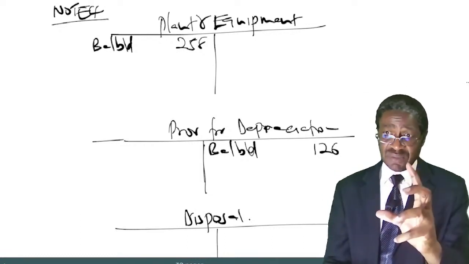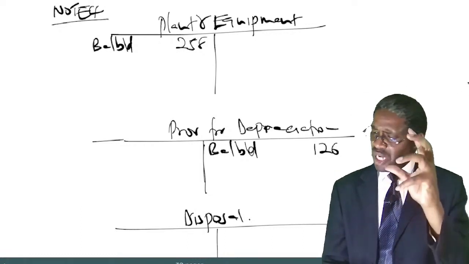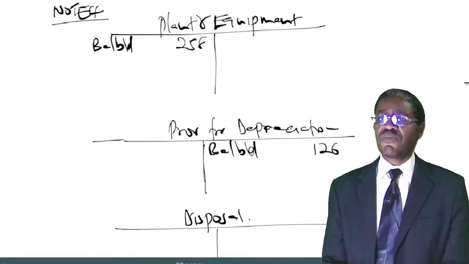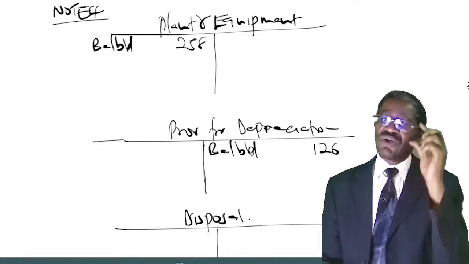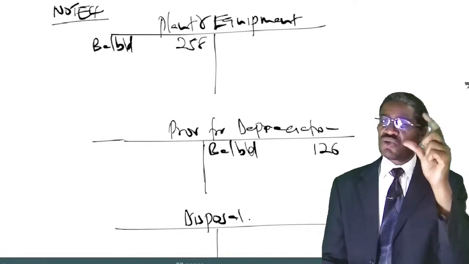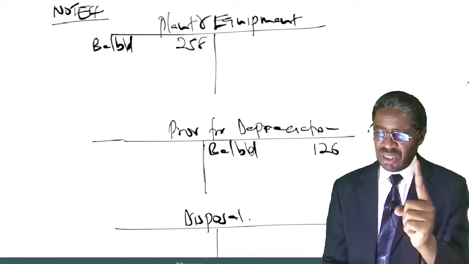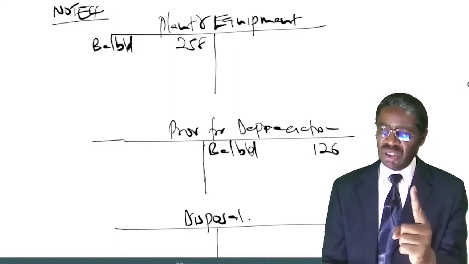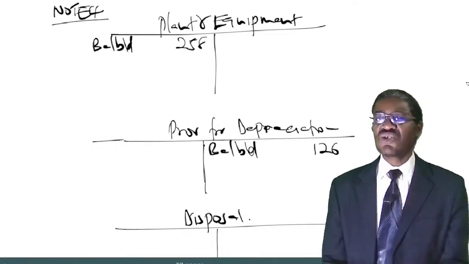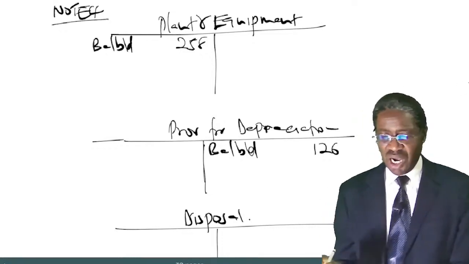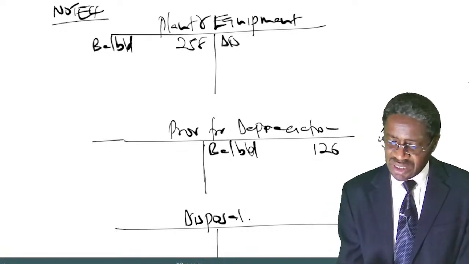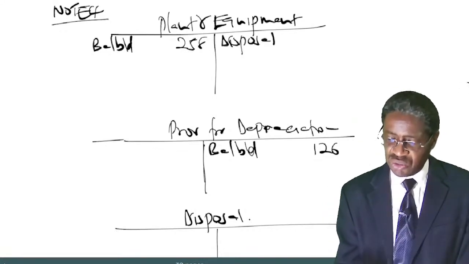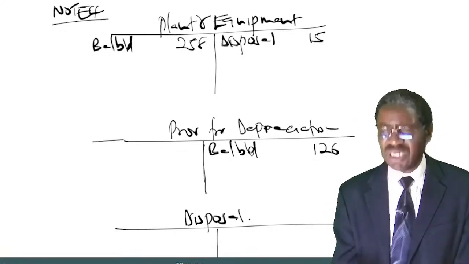But let's take, now listen, I want to take the 4 steps of disposal so that we determine the gain or loss on disposal. So step number 1, you were saying, transfer the cost price of the asset sold from the asset account to the disposal account. How? By crediting the asset and you debit disposal. So go and credit the asset.